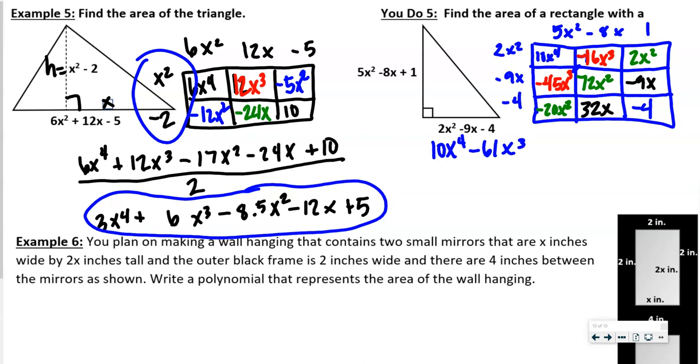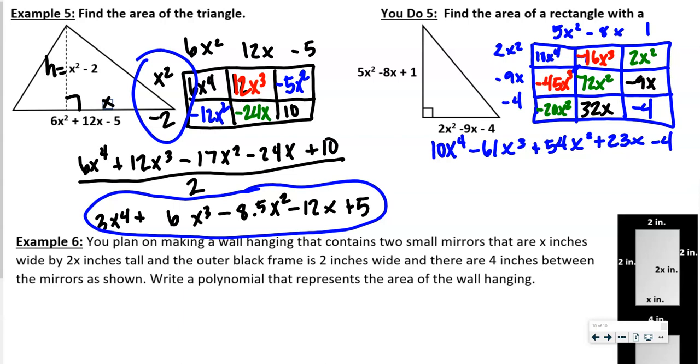Then 74 minus 20, so that would be 54. Plus 54x squared. And then if I do 32 minus 9, that's going to be 23, plus 23x. And then we got our minus 4.